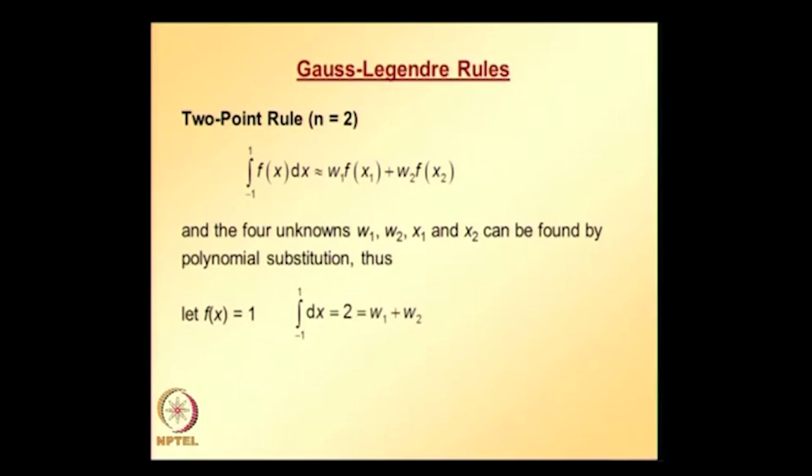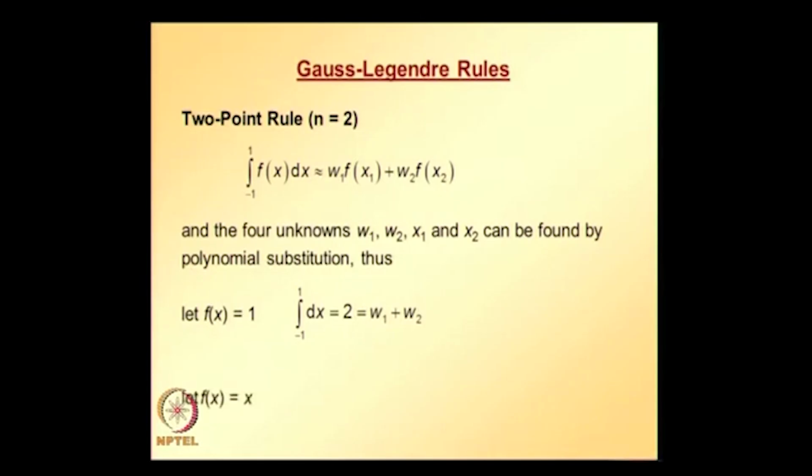When we substitute f(x) is equal to 1, the integral of 1 dx between the limits minus 1 to 1 is going to be 2, and substituting the function evaluated at x1 is equal to 1 and at x2 is equal to 1, we get this equation.